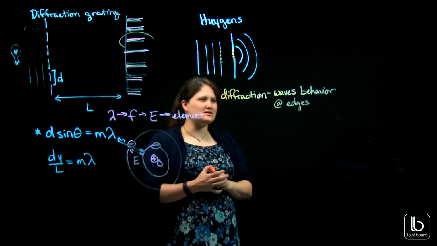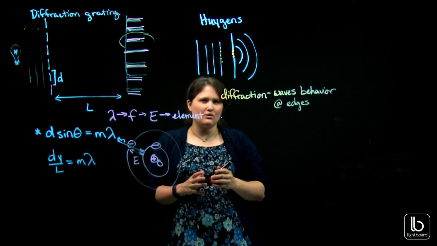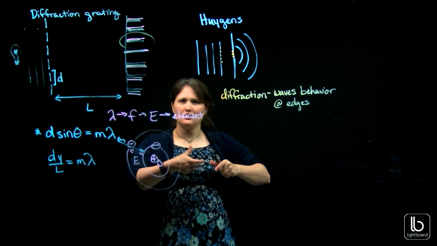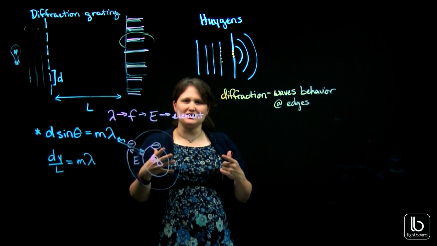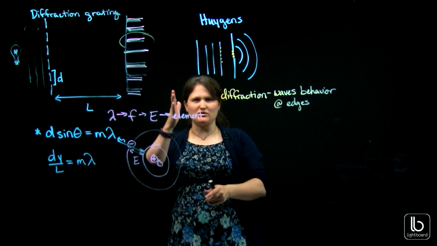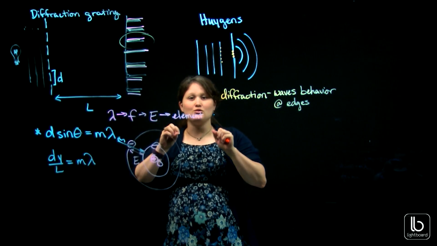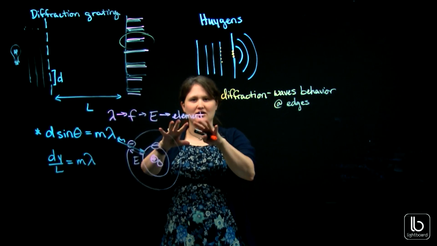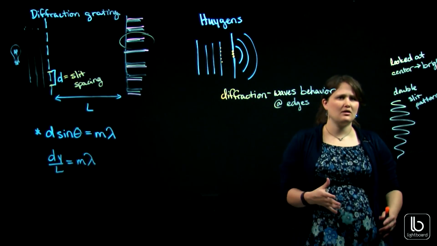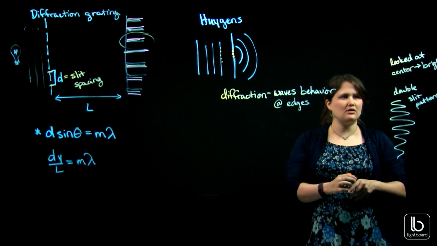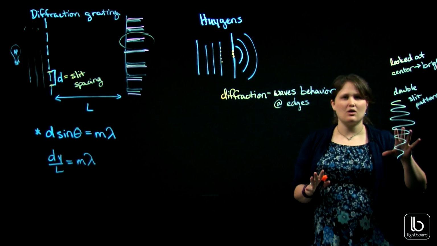Now, this gets interesting when we start pairing diffraction with interference. So when we were dealing with our double slit experiment, we were really only looking at two sources and two waves, two spherical waves that interfere. So when we were dealing with our double slit pattern, I want to point out a few things.